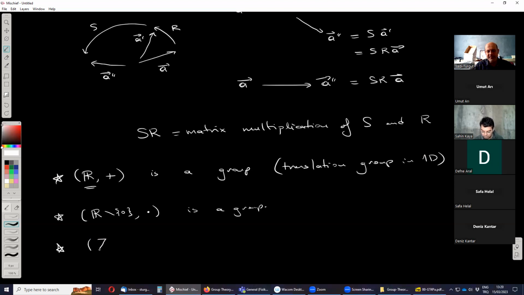We can also have the set of integers together with addition. Right? It's not all numbers, but only the integers. This is also a group. In the case of real numbers and integers with addition, 0 is the identity element. That's the discrete translation symmetry, the discrete translation group.